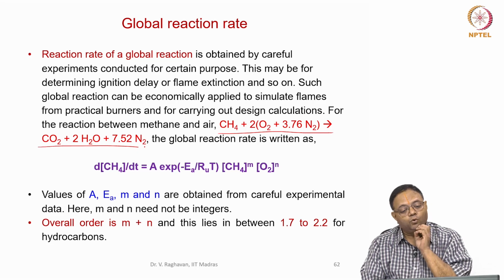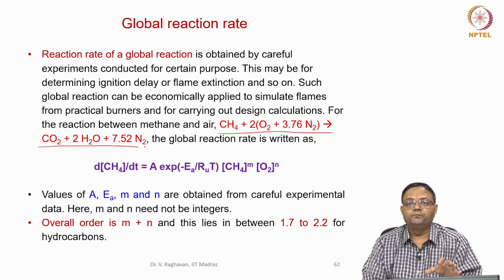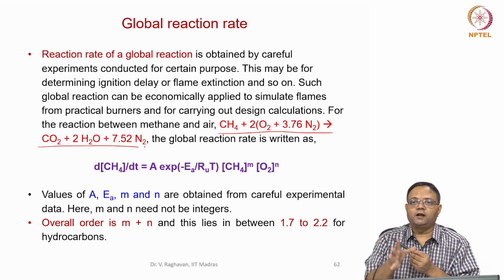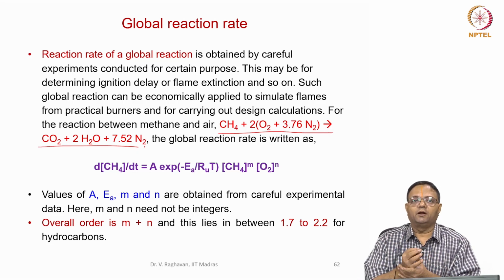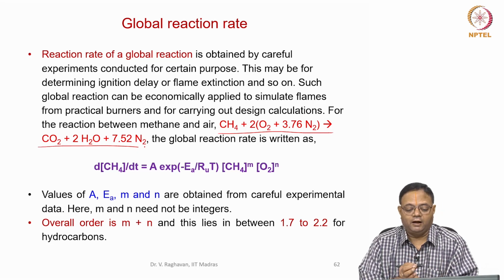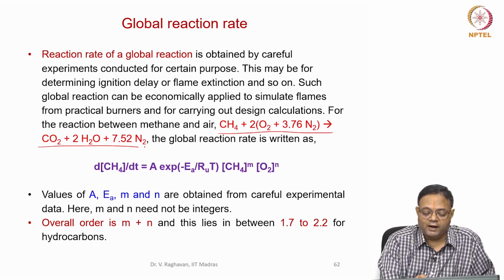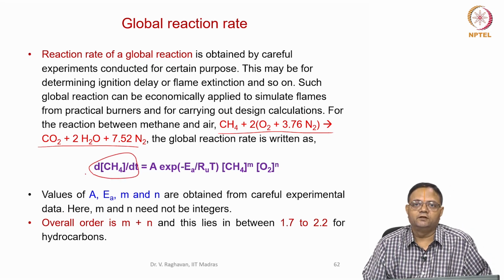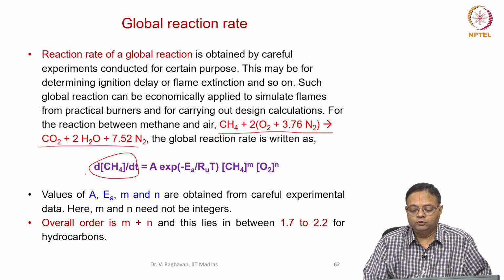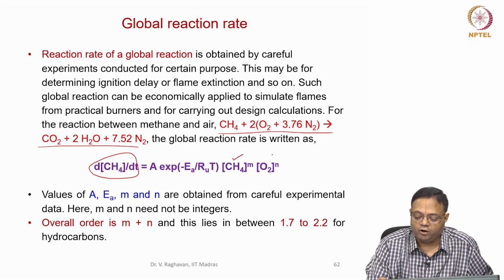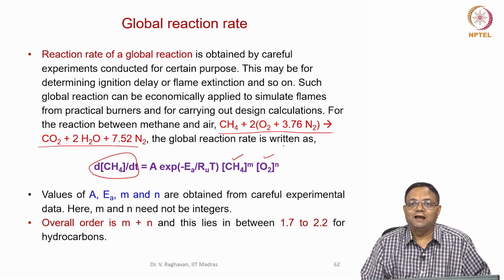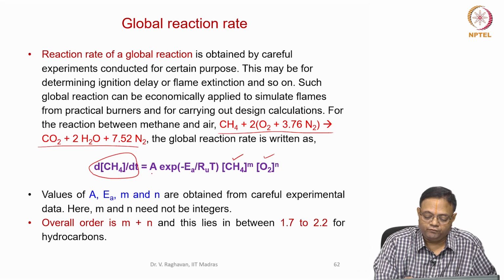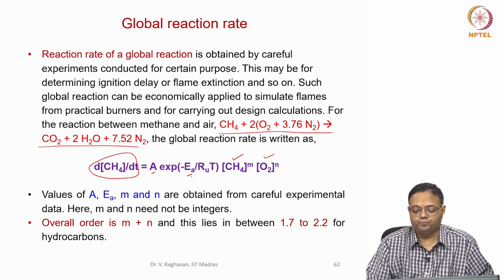I can do some experiments to find the reaction rate of a global reaction, just putting some amount of methane and oxygen inside an isothermal chamber, and I calculate the rate at which the methane decreases with time, and monitor the concentrations of the reactants CH4 and O2. Then I can get the values of A, EA, that is all.